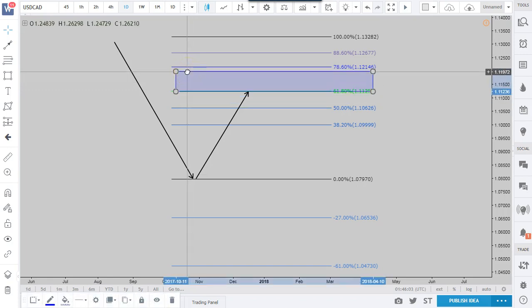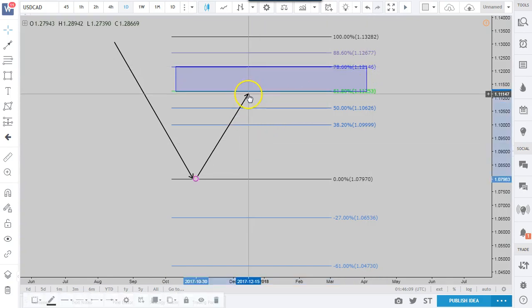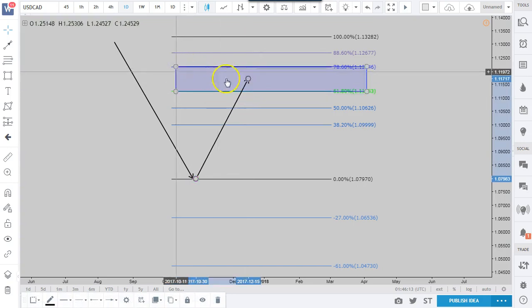We also have this important level. Whenever you see a retracement that pulls back into this level, make sure you bring in your rectangle tool and highlight the two zones.